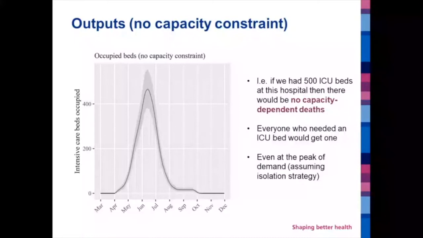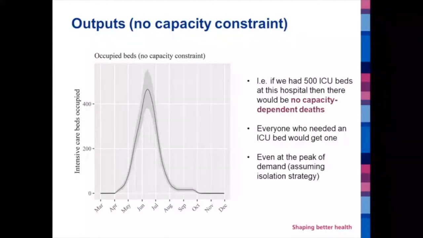So if we had around 500 intensive care beds at this particular hospital, then there would be no capacity dependent deaths. Everyone would get the intensive care bed that they needed, even at the peak of demand.